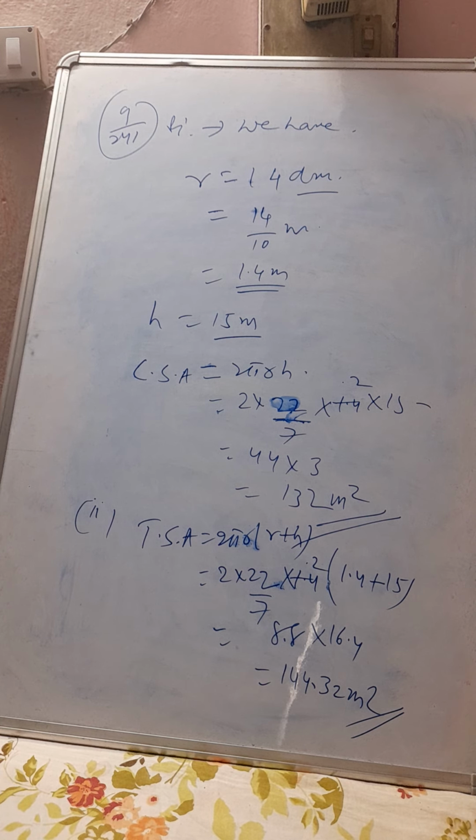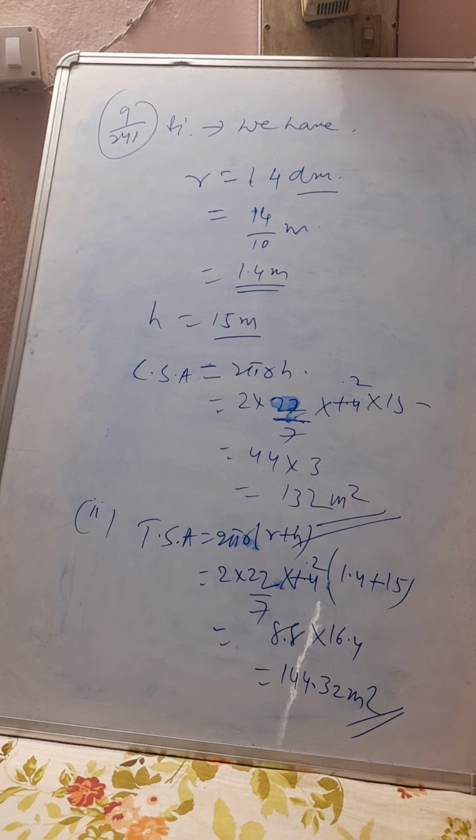This will be equal to 2 into 22 by 7 into 1.4 into whole 1.4 plus 15, because height is given as 15 meter. After solving it, we have the same result, 144.32 meter square. So the total surface area of this right circular cylinder is equal to 144.32 meter square.